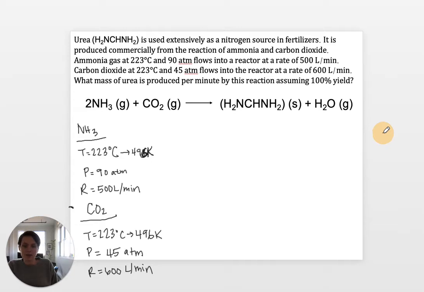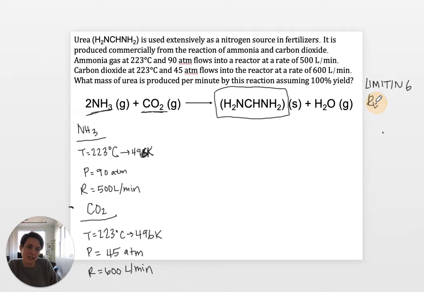Okay, so we are given information about ammonia, and we're given information about carbon dioxide, and we're asked for information about urea. This should be ringing alarm bells in your head where you're thinking, what is my limiting reagent? One of these things is going to run out before the other.